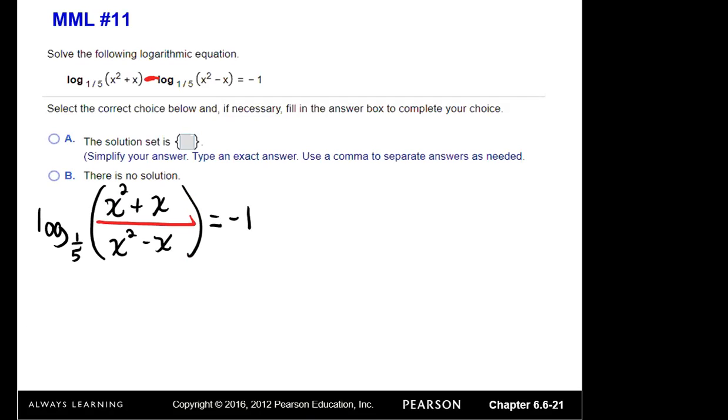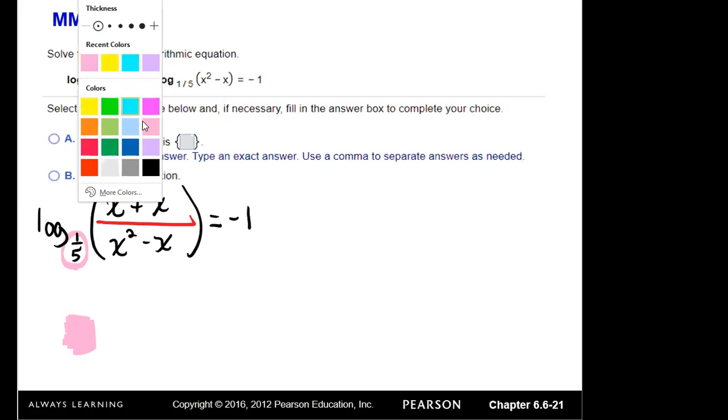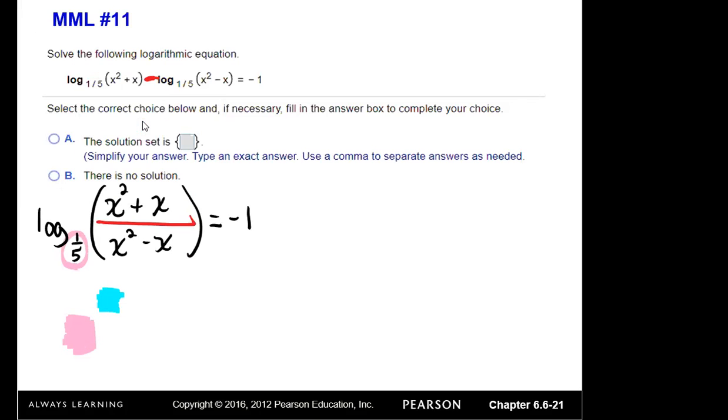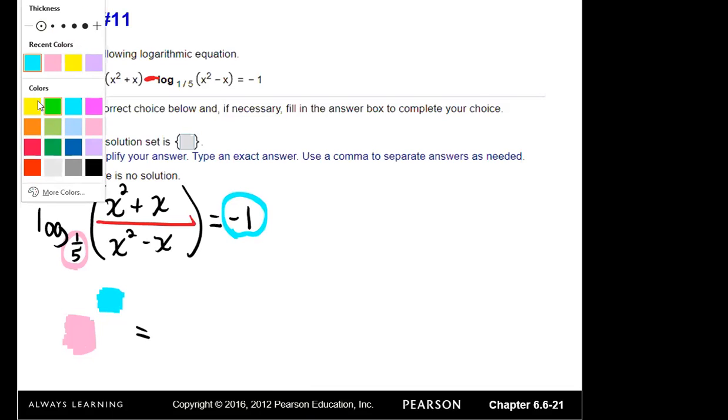And now I've condensed it to a single log, so I'm going to convert it from log form to exponential. So I grab the base, that's 1/5, and then that is going to be raised to the power of whatever the logarithm was set equal to. And then that is going to equal whatever it was that you were taking the log of.